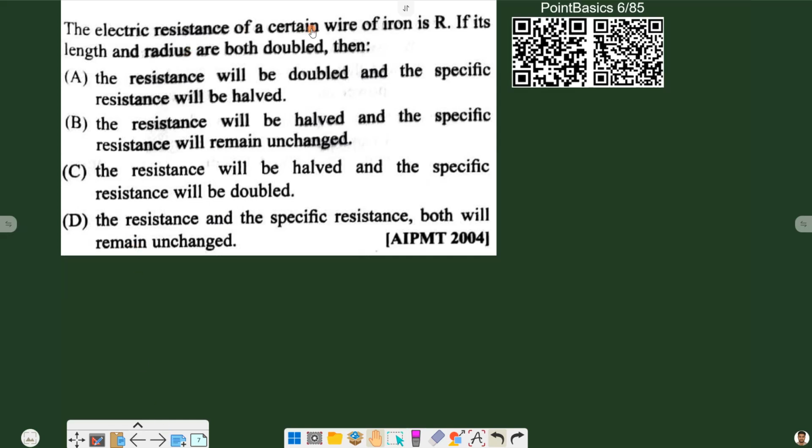The electric resistance of a certain wire of iron is R. If its length and radius are both doubled. So resistance is R is equal to rho L by A. That's the original formula. Now length and radius both are doubled. So new resistance will be, as the material is the same, rho will stay the same. Length becomes 2L and radius is doubled, so the area becomes pi of 2R square.